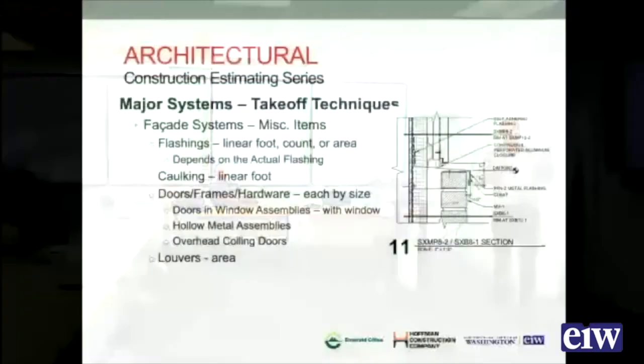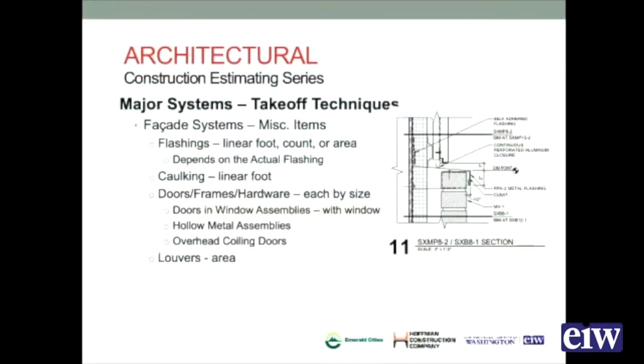Then we have all the different little pieces. So the miscellaneous items in a facade takeoff are going to include flashings. And when I talk flashings here, I'm not talking about, if you have a metal panel system, the trim pieces on the edge of the panel. Those trim pieces on the edge of a metal panel are part of the metal panel system, and you don't need to worry about that in as much detail.